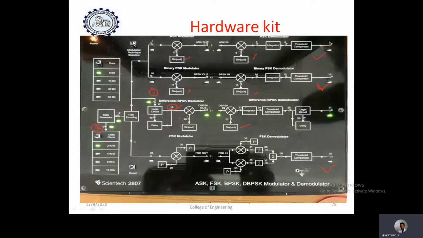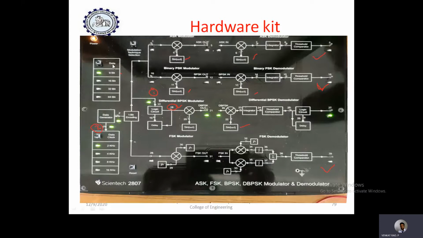After pressing this modulation selection switch, we can enable any of the modulation techniques. But in our case, pressing the switch enables the differential phase shift keying modulator and demodulator. If the LED is on, only this part is enabled. Other modulation techniques are disabled. Okay, and in the previous lab sessions I have explained all these things.